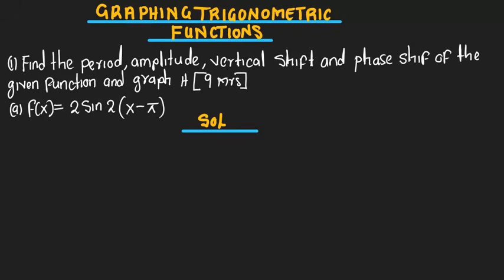Let's work out this. Now look at this. The question is saying we find the period, the amplitude, the vertical shift, and the phase shift of the given function. And then we have been told to graph it. A lot of students really have a challenge, because when they look at such questions, they are like, come on, how exactly am I going to plot it?